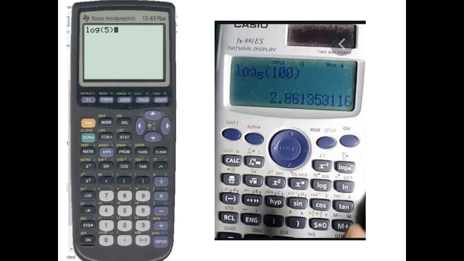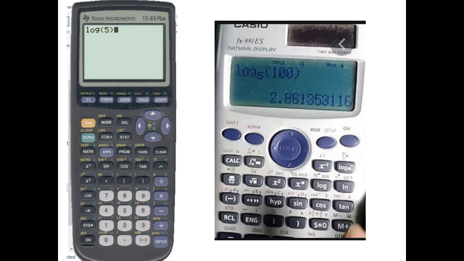One way that I can do this, and I have some snapshots of two different calculators, for those of you doing an online class and using a graphing calculator, is by evaluating this. But if you try to put this in, this is not the correct answer.